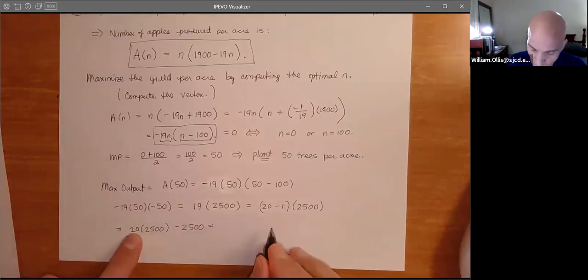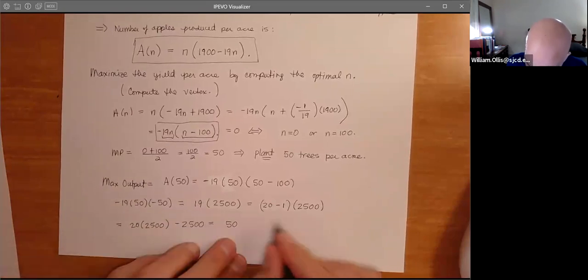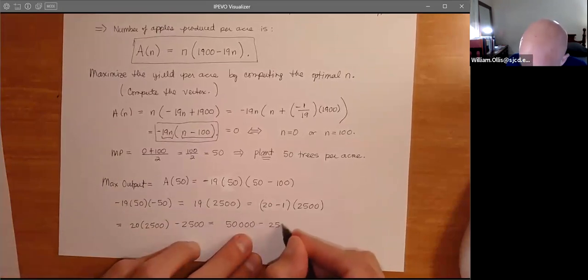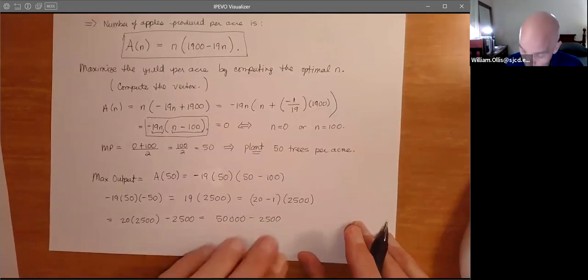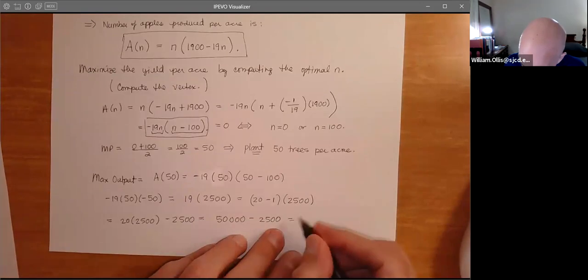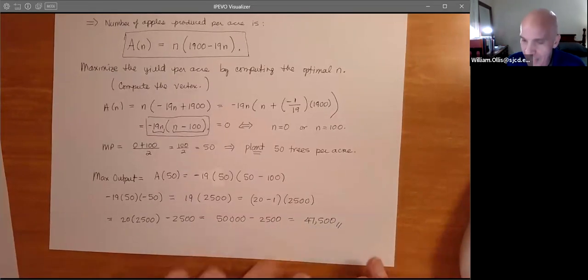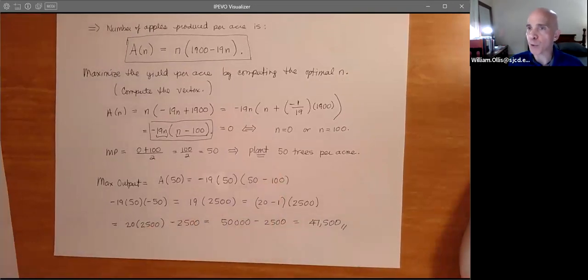So this is easy to compute. When we do 2 times 25, that's a 50. So we have 50 and 1, 2, 3 zeros minus 2,500. And that'll just give us what? 47,500, right? That's easy to subtract. So we can get that many apples when we plant 50 trees per acre.